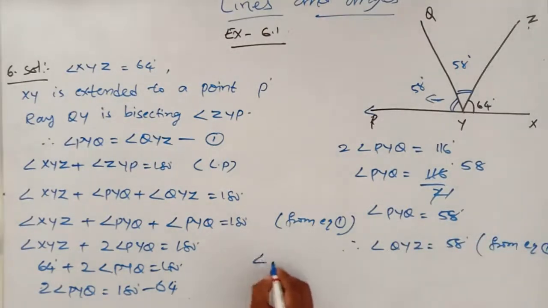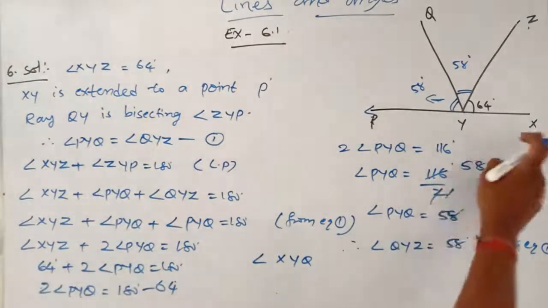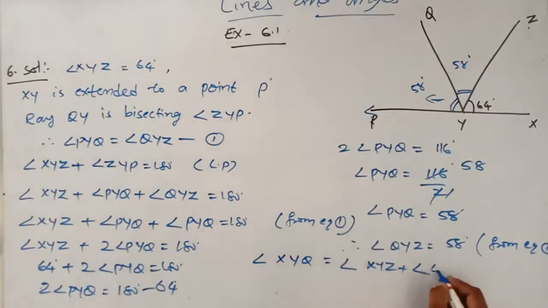Now angle XYQ, because I need to find the value of XYQ. XYQ is equal to angle XYZ plus angle QYZ, that is 64 degrees plus 58 degrees, which is 122 degrees.